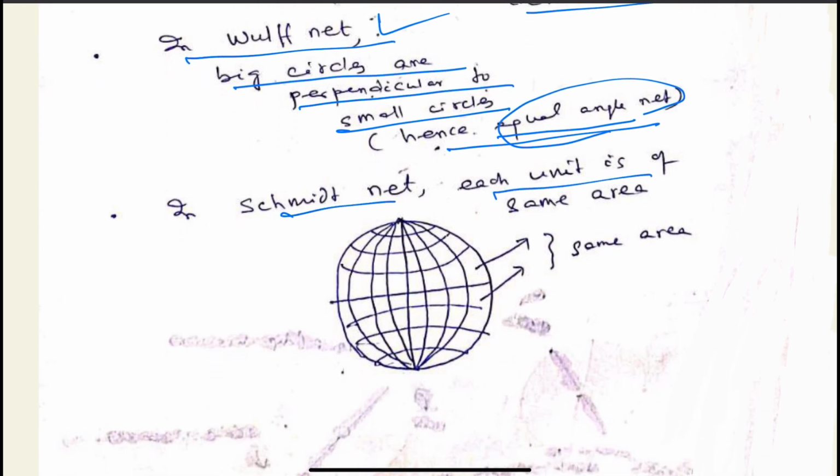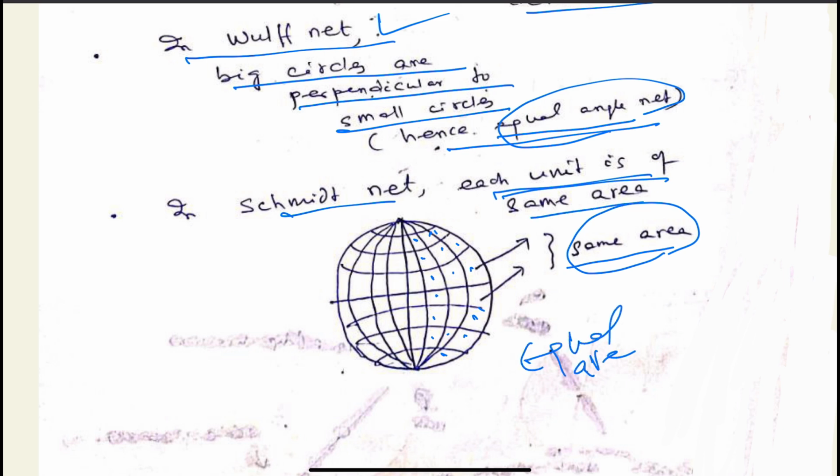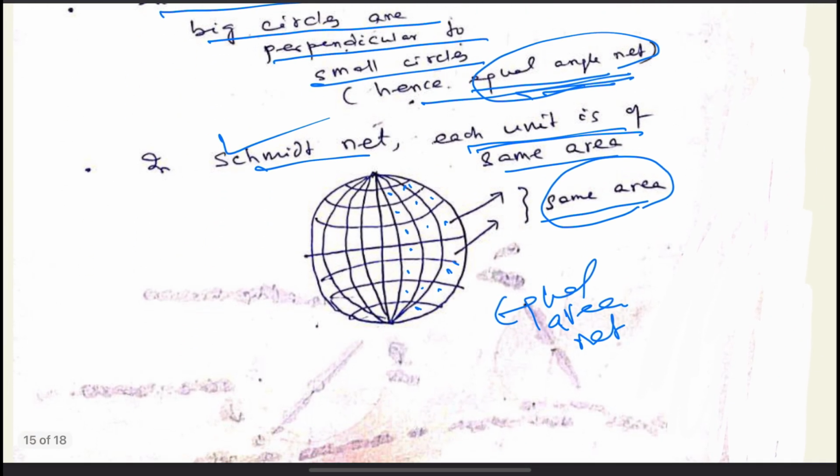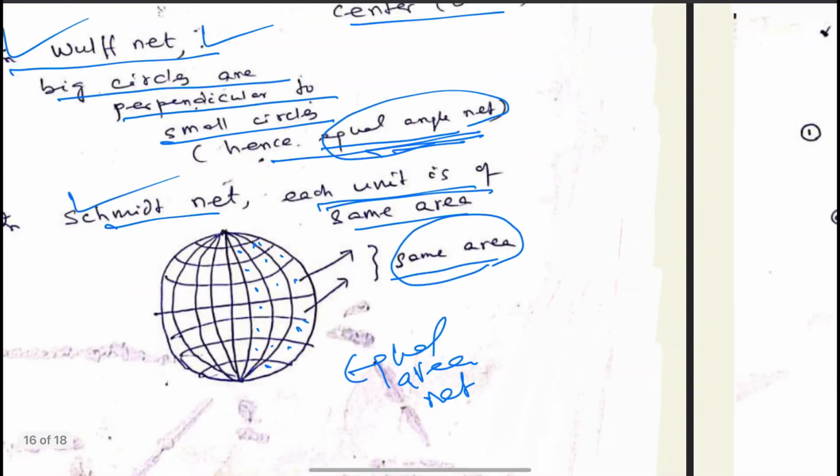But in the Schmidt net, we have these small sections, these areas are all of the same size, or we can say they have the same area. That's why it is called the equal area net. Each unit has the same area, so this is the equal area net in case of Schmidt, but in case of Wulff, it is the equal angle net.